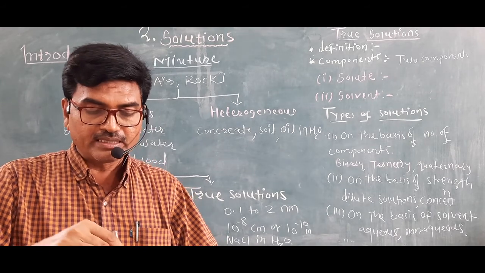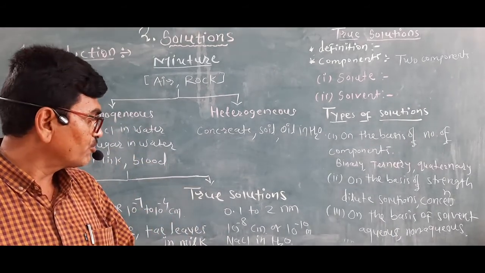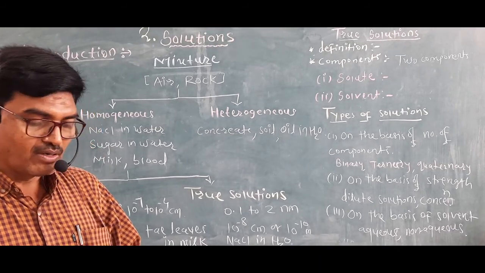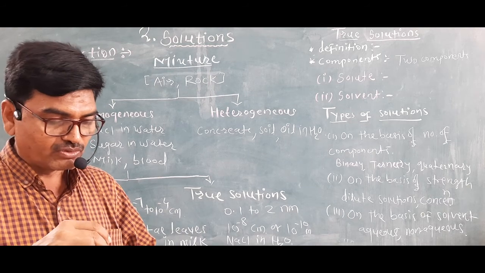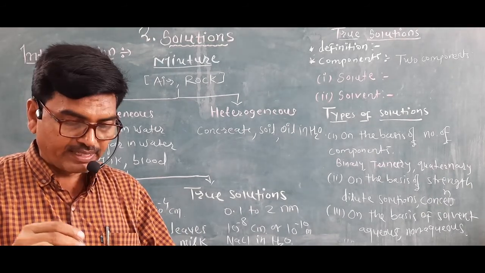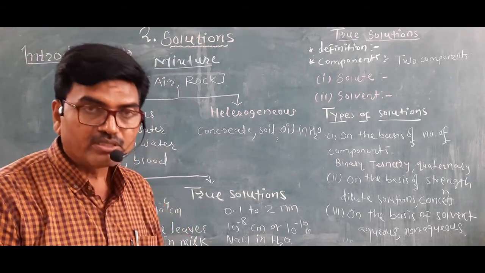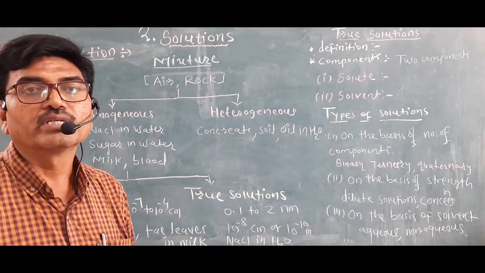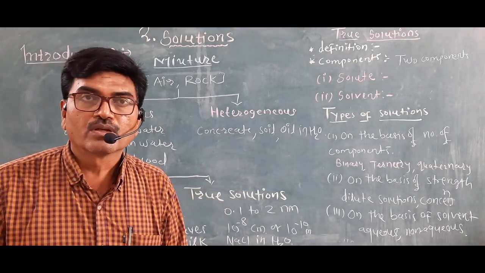In this case, the particle size is very small, in the range of 0.1 to 2 nanometer or 10 to the power minus 8 centimeter or less than that. We can't see these particles with the naked eye. Similarly, when sugar, glucose or sucrose is dissolved in water, again we will get a true solution.